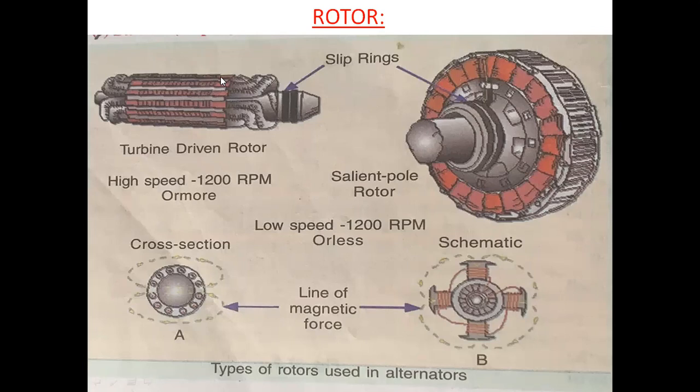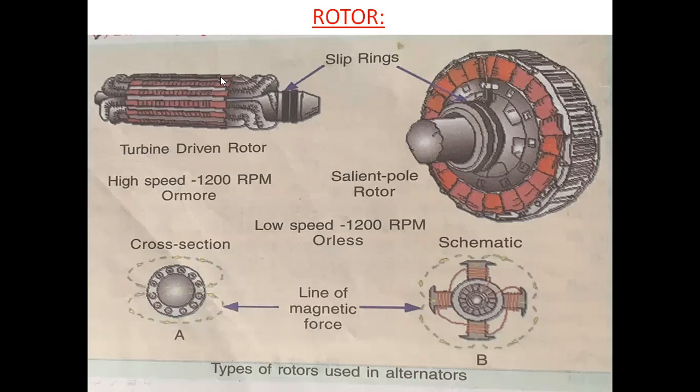In these slots we accommodate the field coils. The field winding is accommodated in these slots. These rotors are usually designed for 2 or 4 pole turbo generators, and the speed will be 3600 revolutions per minute, or it can be 1800 revolutions per minute.